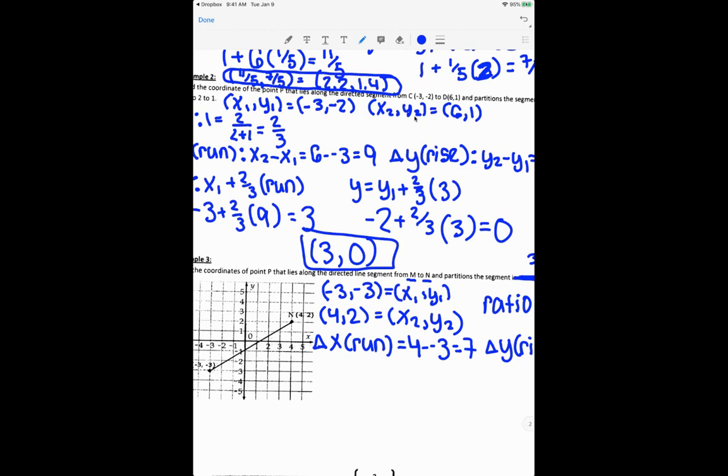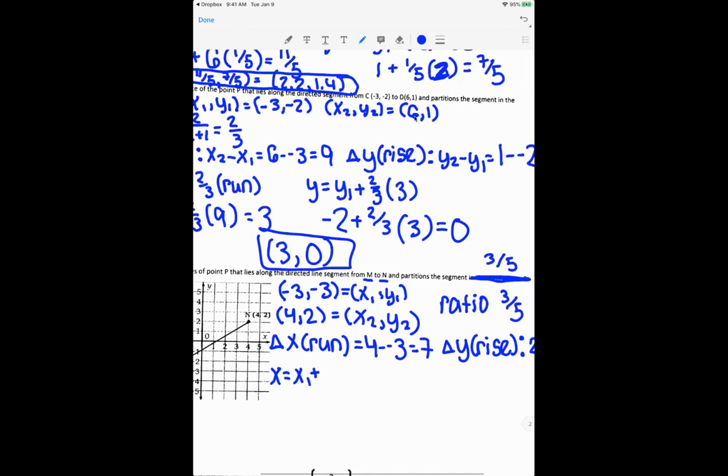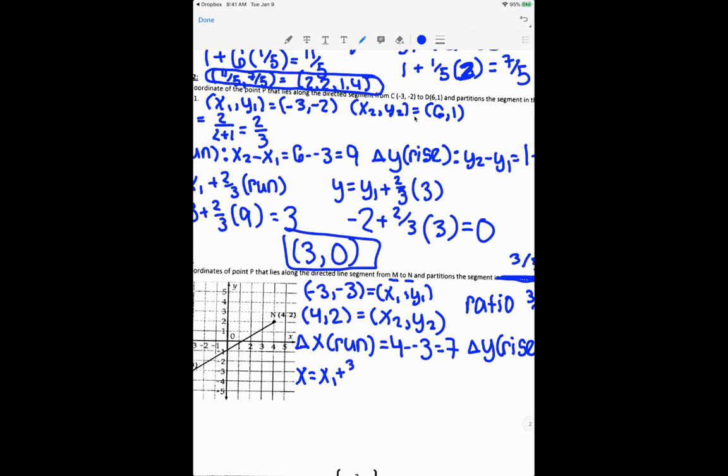Okay, so then we're going to find our coordinates. Our x coordinate is our x1 plus our ratio, which is 3/5, times our run. So our x1 is -3 plus 3/5 times 7. If you multiply that out on a calculator, it comes out to 6/5.